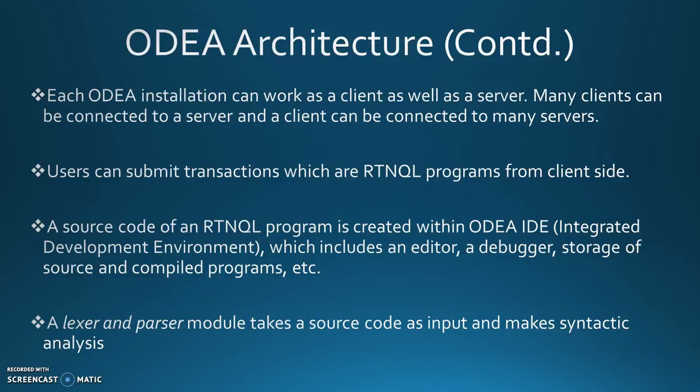So the user can submit transactions, which are RT and QL programs, from the client side, as we saw in the overview diagram and the architecture diagram also. The source code of an RT and QL program is created within the ODEA IDE development environment, which includes an editor, a debugger, storage of source and compiled programs, etc. The lexer and parser module takes the source code as input and makes a syntactic analysis.